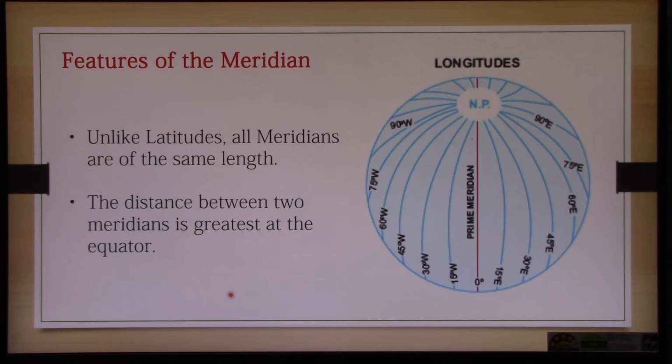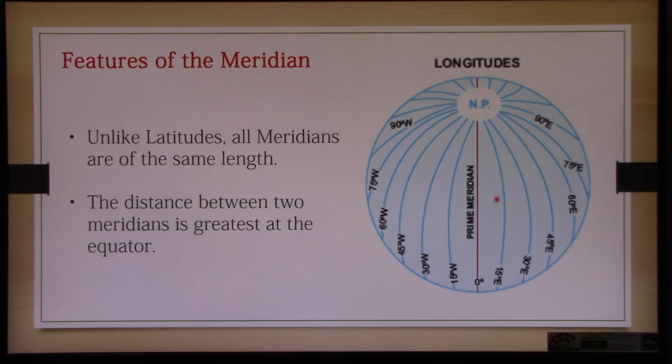Secondly, the distance between the two meridians is greatest at the equator. Why is it greatest at the equator, children? Have you ever thought about it? Because this is the north point, and below is the south point. Look at the curve. They are semicircles.